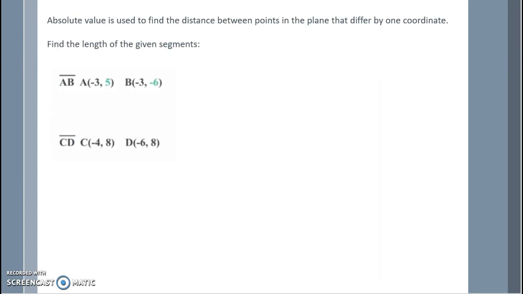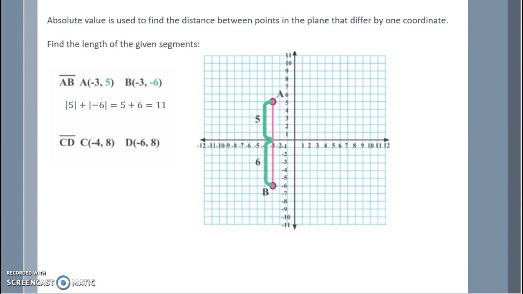Absolute value is used to find the distance between points in the plane that differ by one coordinate. Find the length of the given segments. So here I have the points. A is (-3, 5) and B is (-3, -6). Notice that our x values are the exact same.